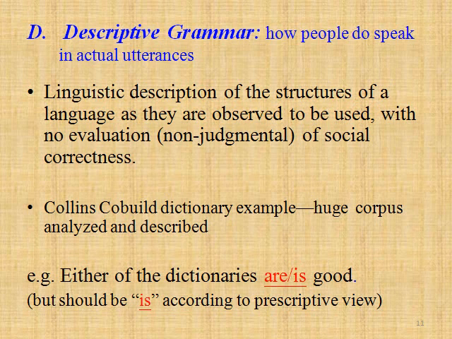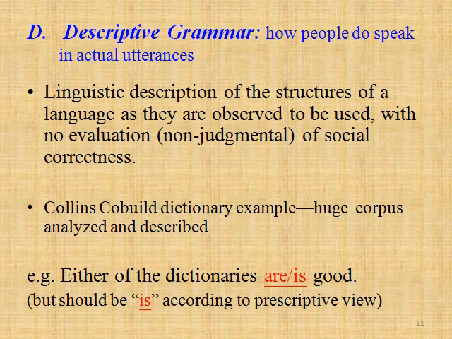For example, when you say the sentence, either of the dictionaries are good, the other speaker or listener will not judge whether it is wrong or right. But when you say that either of the dictionaries are good, based on the prescriptive view, it is wrong.